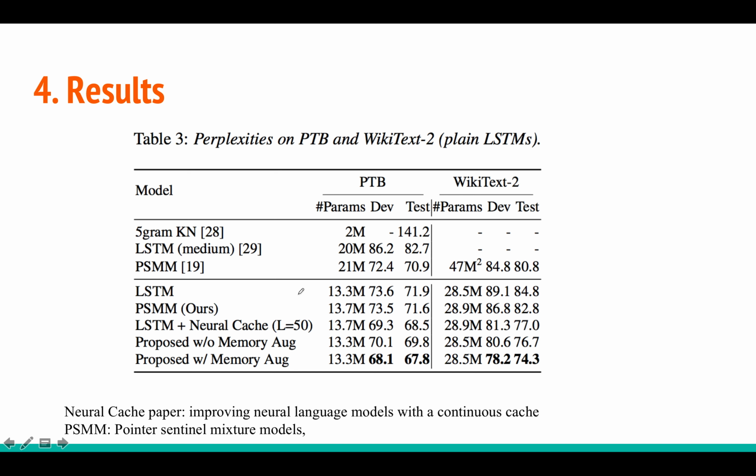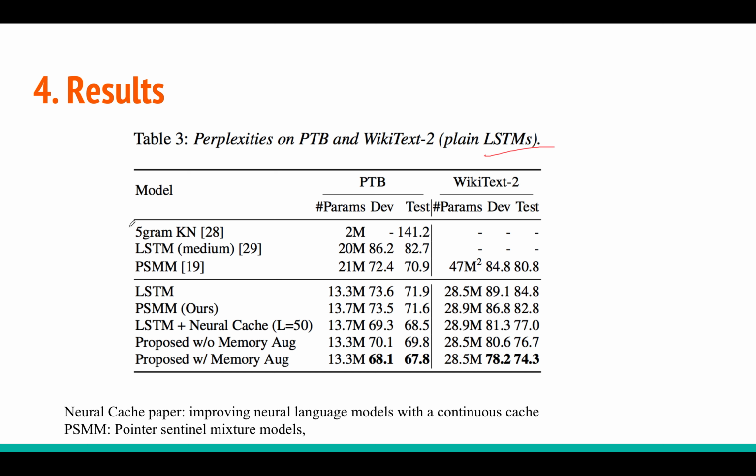Let's go to the results section. In the results section, there are multiple tables I want to show you. First, they have two different LSTM models to evaluate. First is the plain LSTM, as simple as the old Hochreiter and Schmidhuber paper, the 1997 classic one.